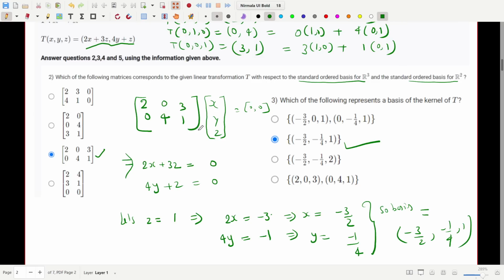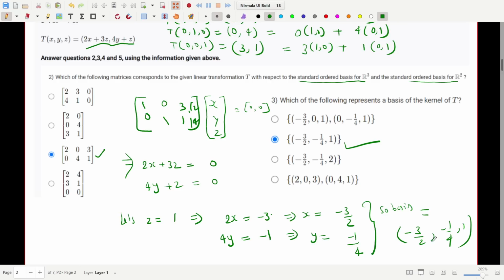You can do it like this also, and if you want to convert to row echelon form, then you can do it by dividing by 2, it will be 1, and it will be 3 by 2, and it will be 1 by 4. So from here you will get x is equal to -3 by 2 and y is equal to -1 by 4.